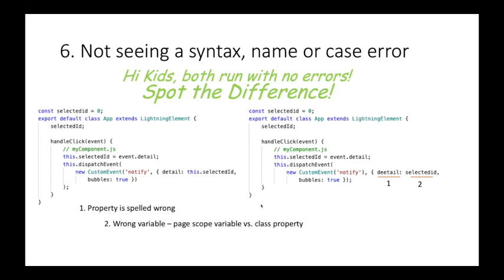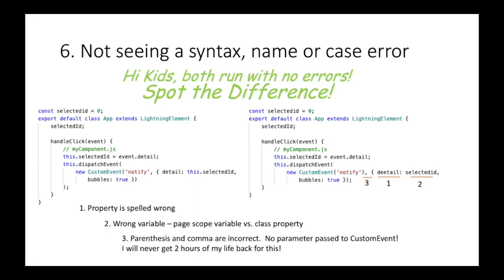And the final one, and this one, I can tell you, I never would have found it, but I put the comma and the parentheses in the wrong place. So number 3 right here, you can see I raise a new custom event and I pass in the parameter notify. All this detail information needs to go into that custom event. So if you look over here, I'm passing it in there.